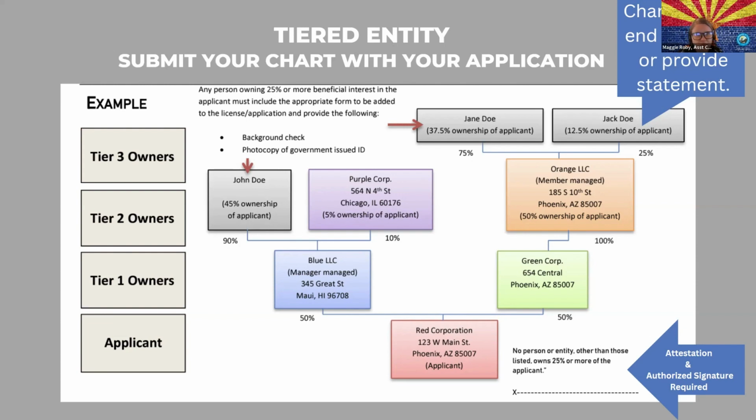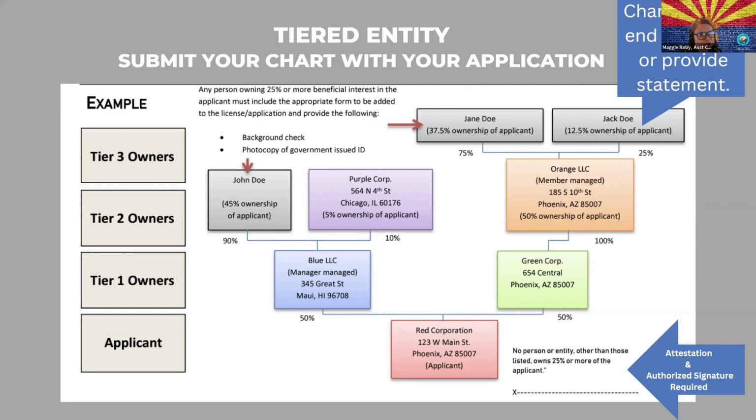Some key points to the organizational charts is we do need the attestation on there, that no person or entity other than those listed owns 25% or more. The chart needs to be signed by an authorized representative who will be listed on the application.